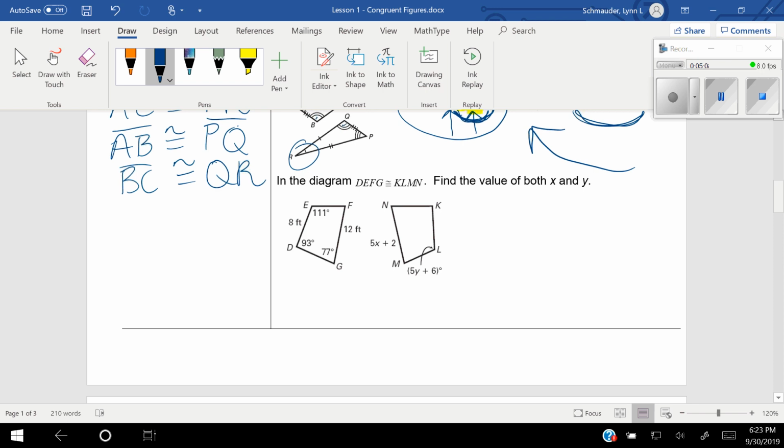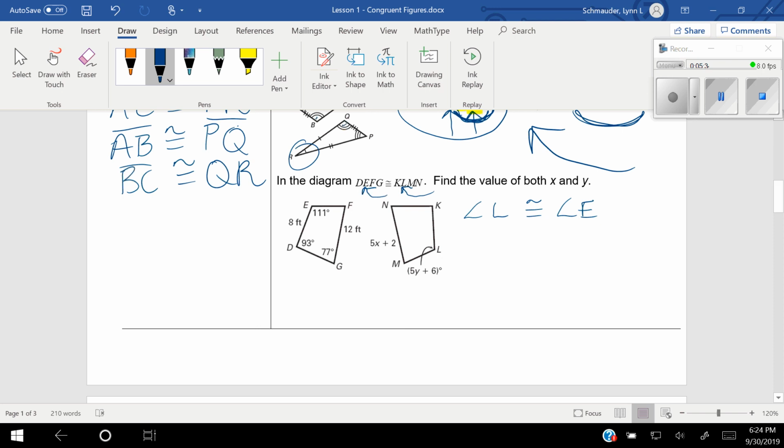Okay, let's see what we got here. In the diagram, quadrilateral DEFG is congruent to quadrilateral KLMN. Find the value of both x and y. Okay, well let's see. So L here, I know that angle L is going to be congruent to angle E, right? How do I know that so quickly? Well, because L is the second letter here, E is the second letter here.